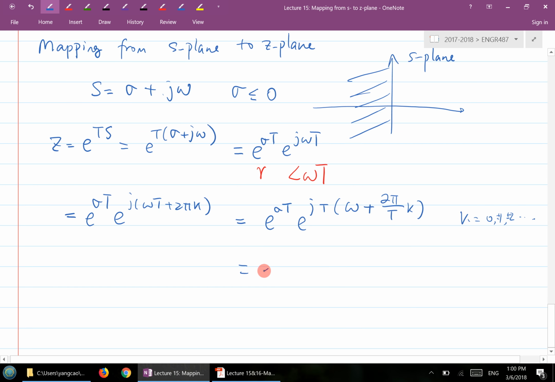One more step here: that 2 pi over T is omega s, the sampling frequency.